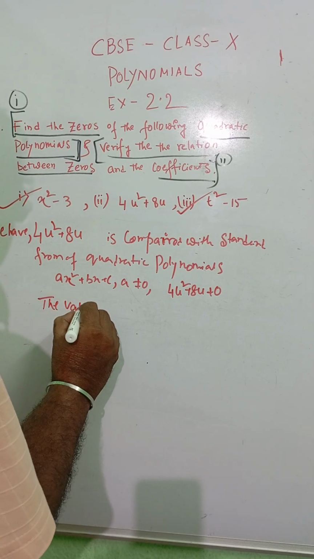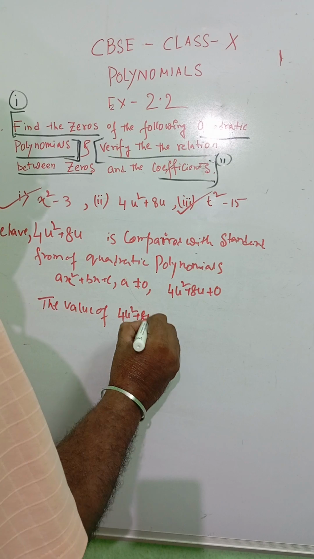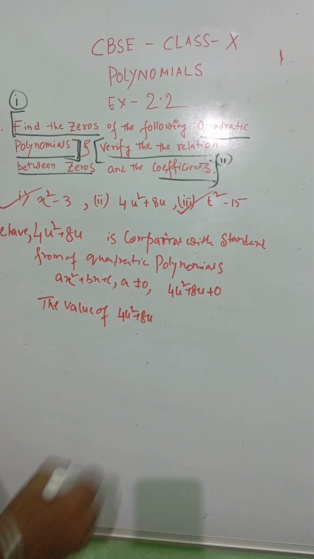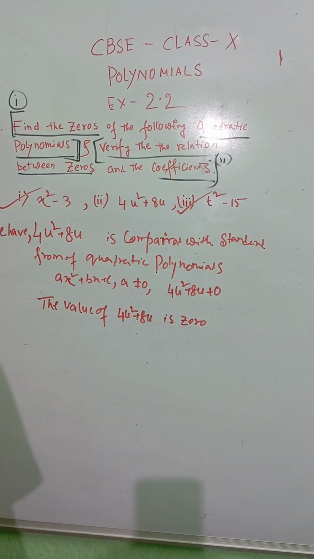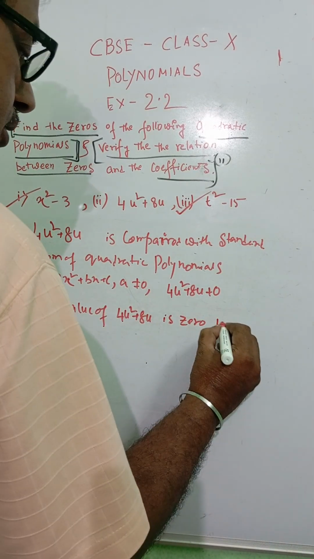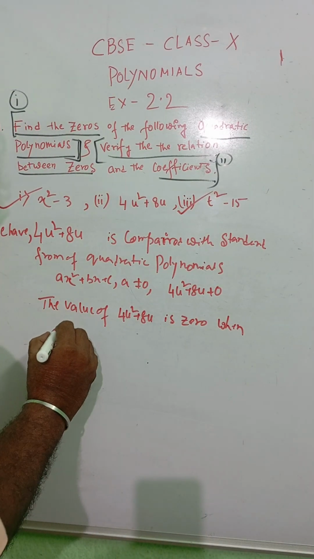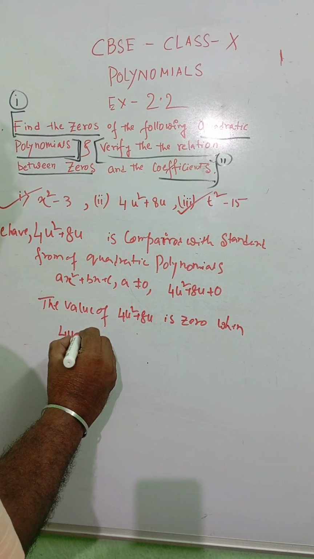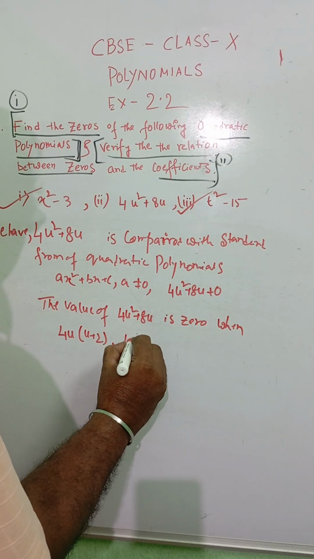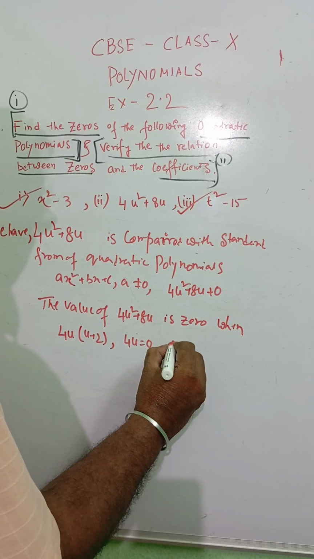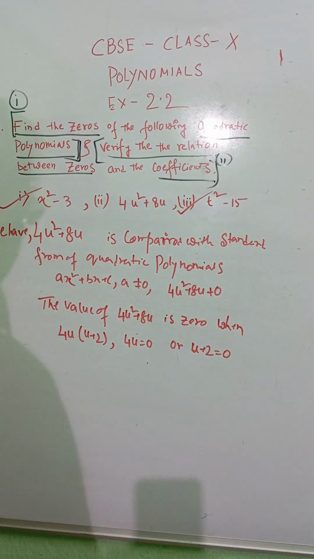the value of 4u square plus 8u is 0 when 4u is equal to 0 or u plus 2 is equal to 0.